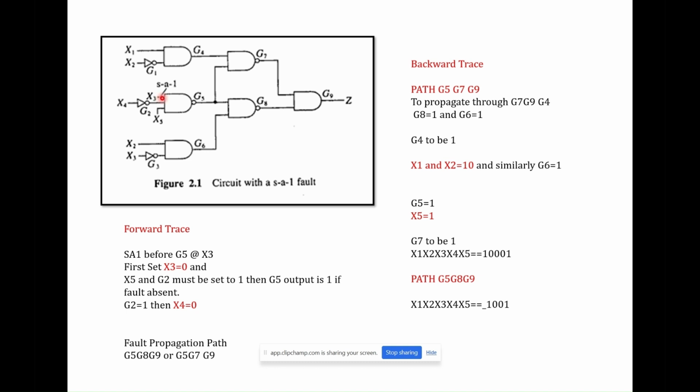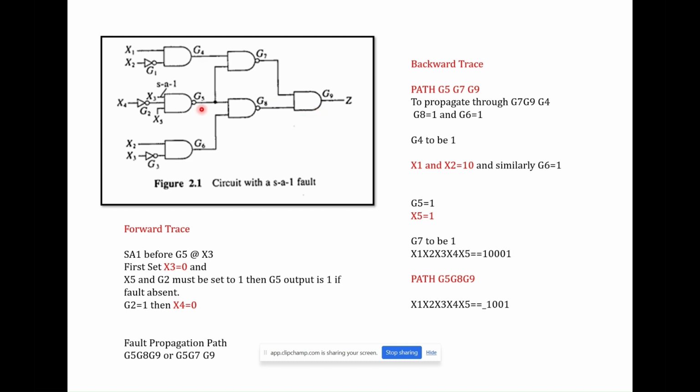So when X3 is set as 0, X5 and G2 must be set to 1, then the G5 output is 1. This G5 propagates through G7, G9, and G8, G9. So the fault propagation paths are G5, G8, G9 and G5, G7, G9.